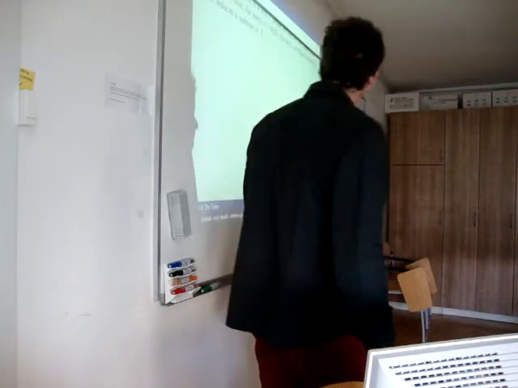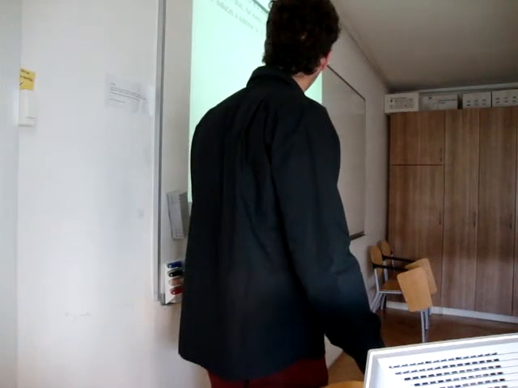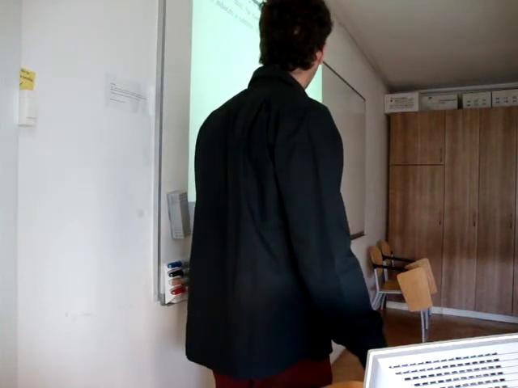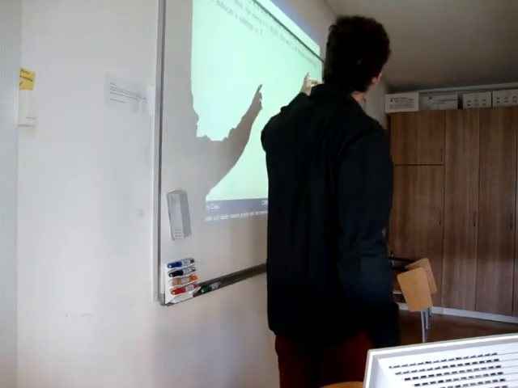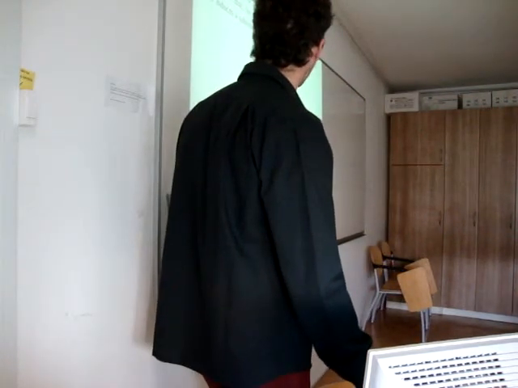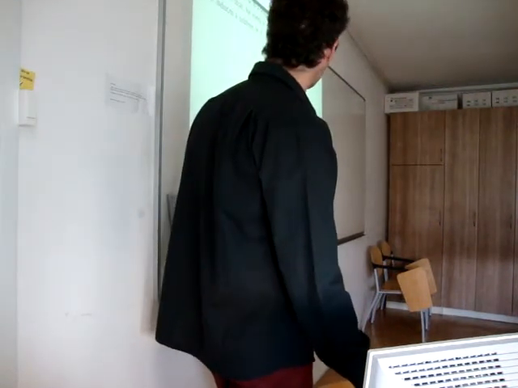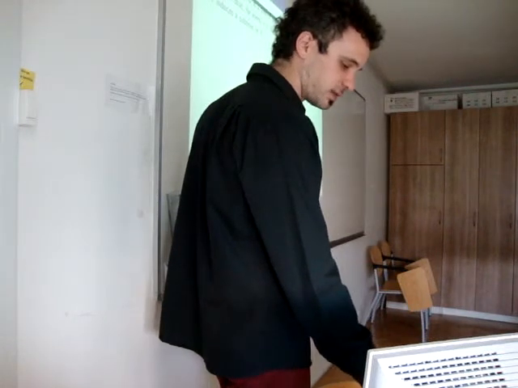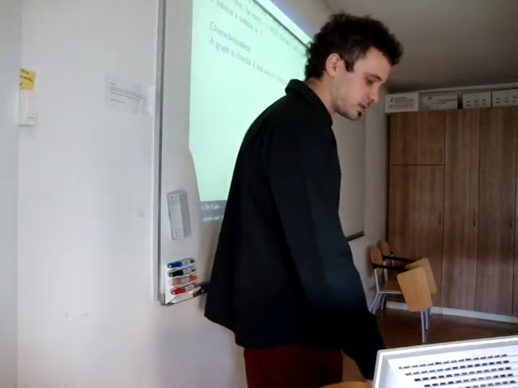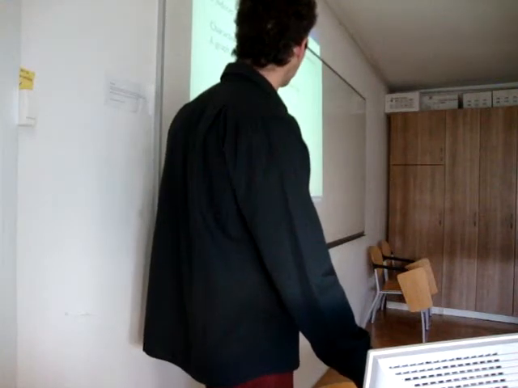We say that the clique tree of a graph G is a tree T whose vertices are the cliques of G, and such that for each vertex v of the graph, the set C sub v of cliques containing that vertex induces a subtree of T. This notation C sub v is very usual, and you will see it in many other parts of the presentation. We can also characterize chordal graphs by saying that a graph is chordal if and only if it has a clique tree.